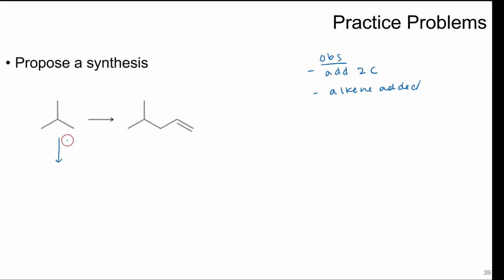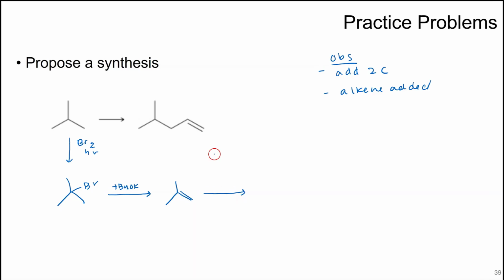I can use Br2 plus light. That will give me a Br there. I can do an elimination. This is where I'm making my disconnect. So I need to add these 2 carbons here. And the easiest way to do that is to do this from an alkyne.